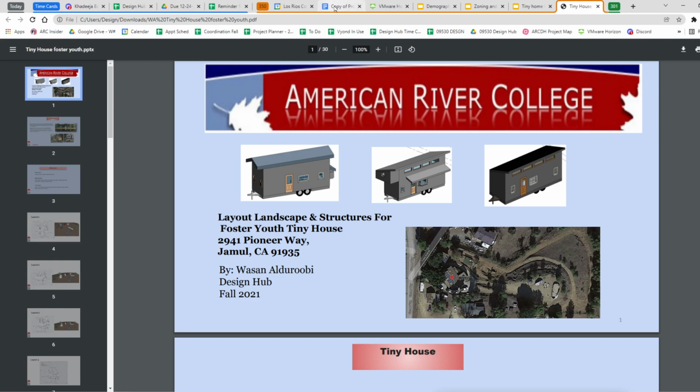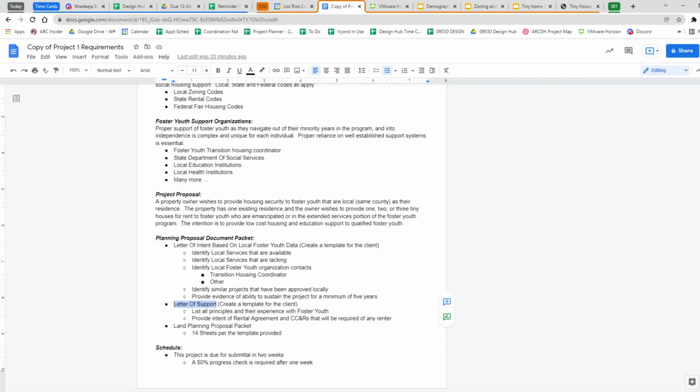You could put links to those in your letter of intent, particularly similar projects. So all of that could be pulled together.